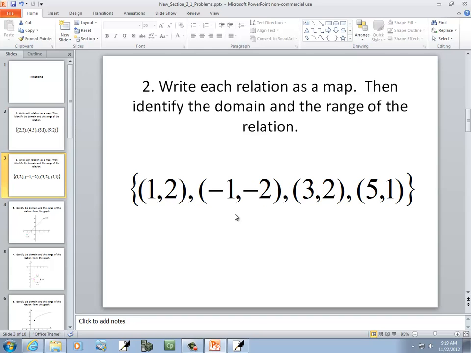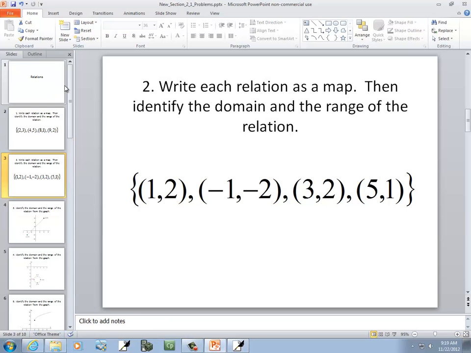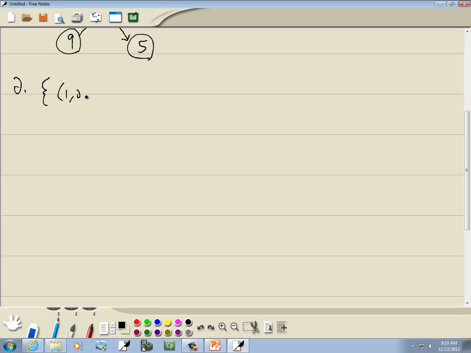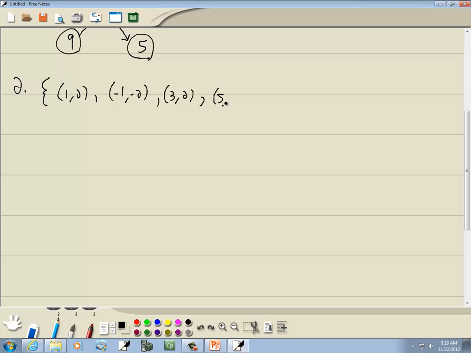Let's look at another map. (1, 2), (-1, -2), (3, 2), and (5, 1). Okay, so we go from -1 to 1 to 3 to 5. I'll circle them.